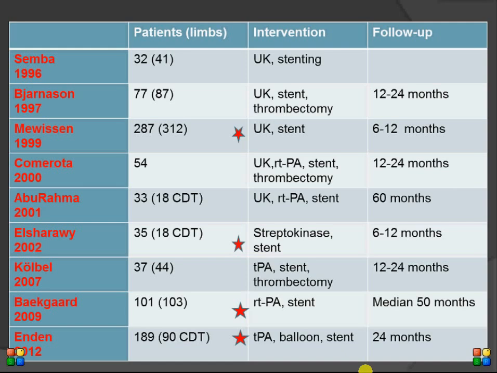I will go directly to the work of El Sharawi from Egypt. It was the first randomized trial, with a few patients and a short observation time, but it was in favor of catheter-directed thrombolysis, shown for the first time many years ago. Then we have work from Kölbel, who is also at the meeting here, and my own work.